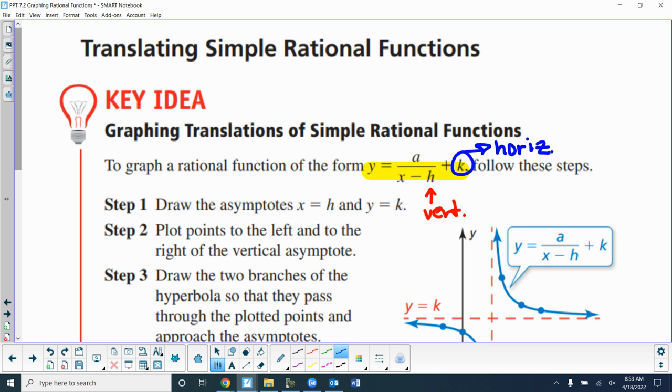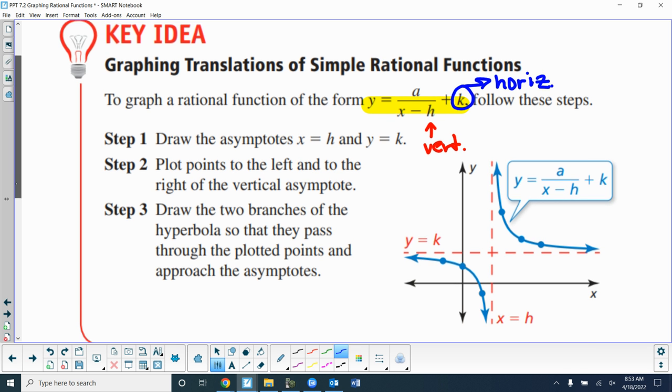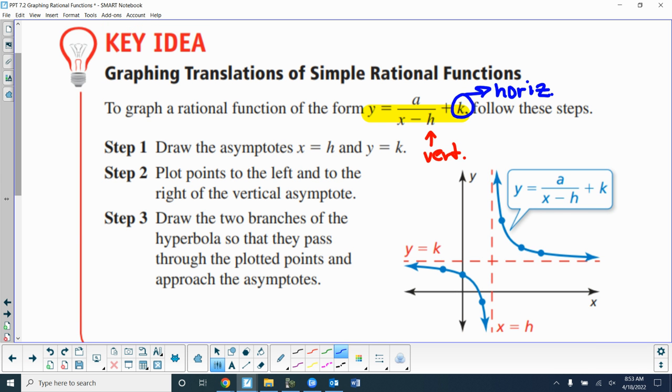Okay? So, again, we're going to use our calculator. When you use your calculator, though, make sure you put parentheses around that. When you put it in your calculator, make sure you put parentheses around it, if you're like mine.